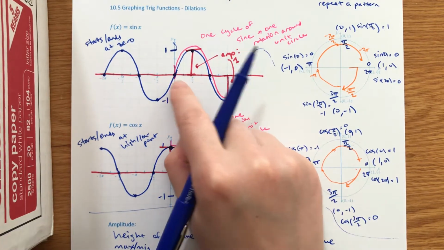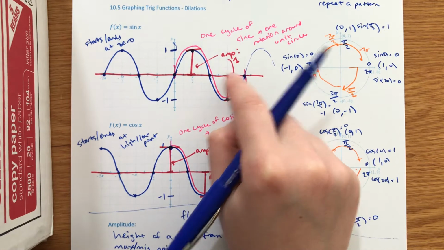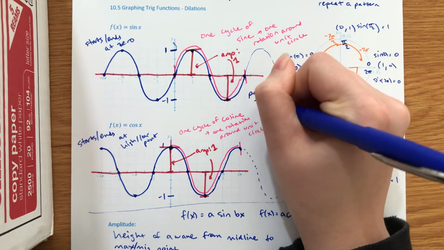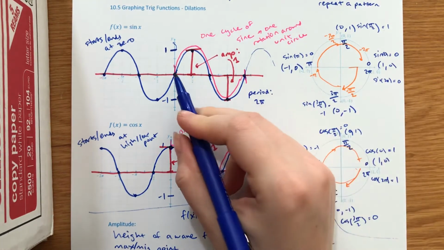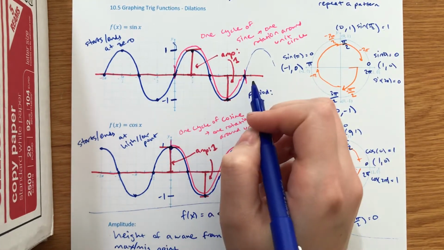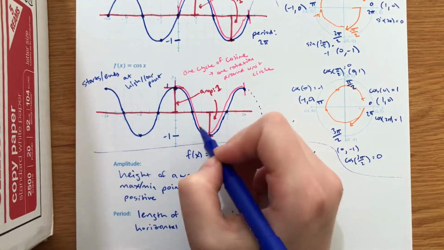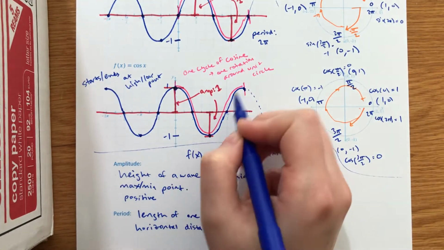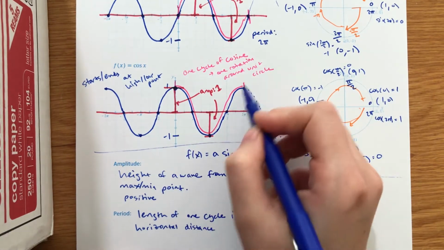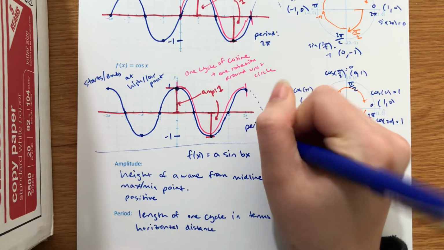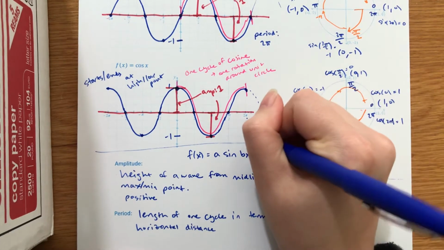The period was from 0 to 2 pi. And so the period here is 2 pi. It takes 0 to 2 pi distance to complete one cycle. And same thing with cosine. Here's one cycle in pink. How long did it take? Well, it started at 0 and it went to 2 pi. So the period again here is 2 pi.